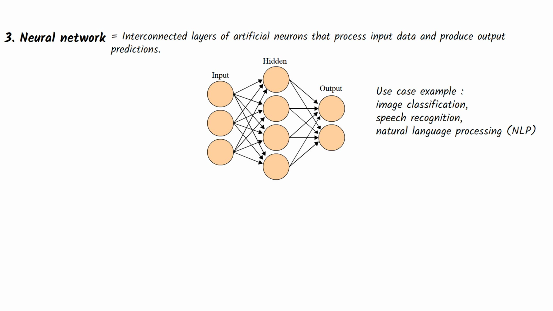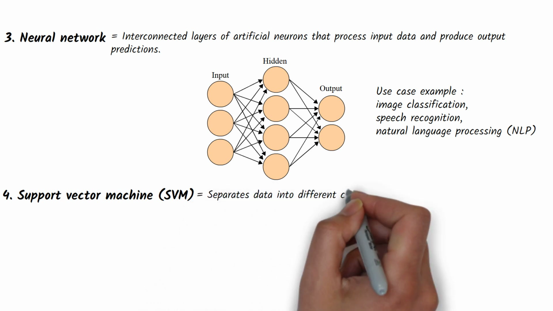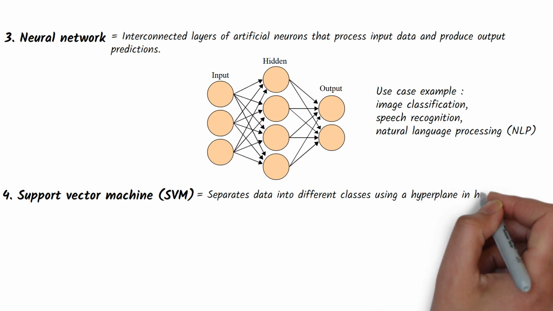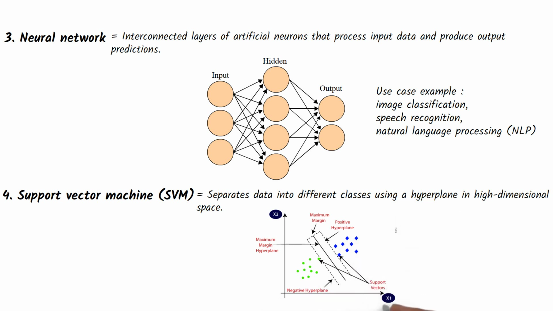Okay. Next type of model is support vector machine. Support vector machine, or in short SVM, separates data into different classes using a hyperplane in high dimensional space. SVMs are often used for binary classification tasks such as predicting whether a customer will churn or not.